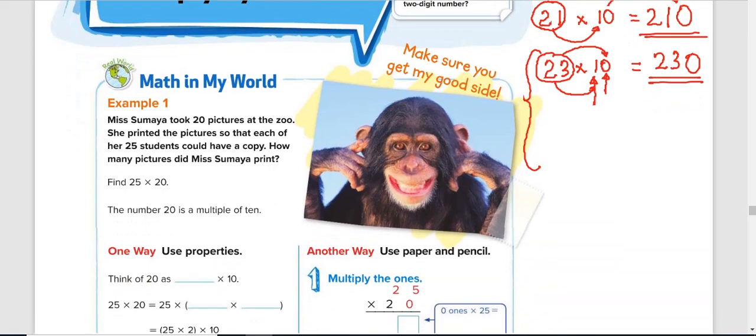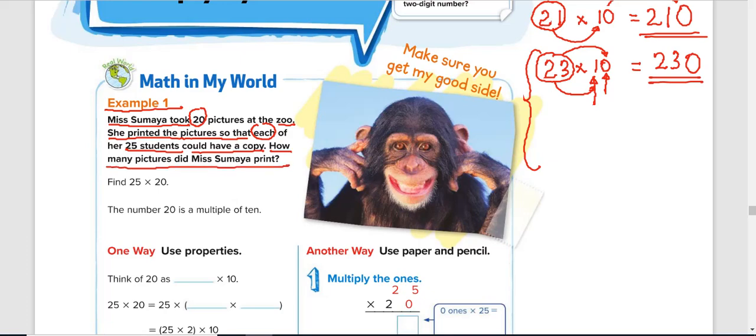Let's take a look at this example 1 now. Example 1. Miss Sumaya took 20 pictures at the zoo. She printed the pictures so that each of our 25 students could have a copy. How many pictures did Miss Sumaya print?